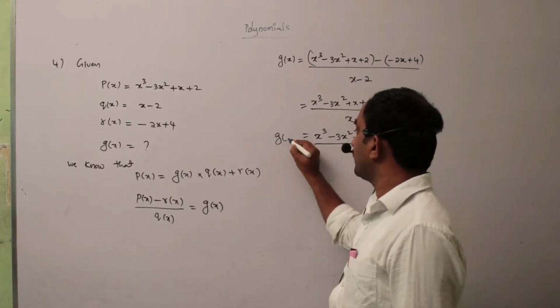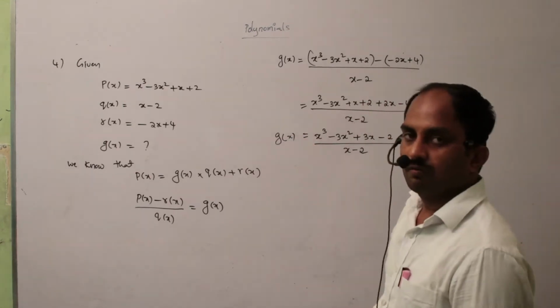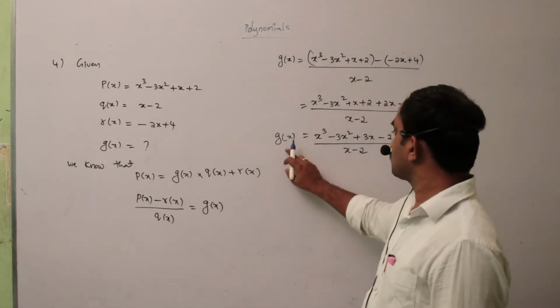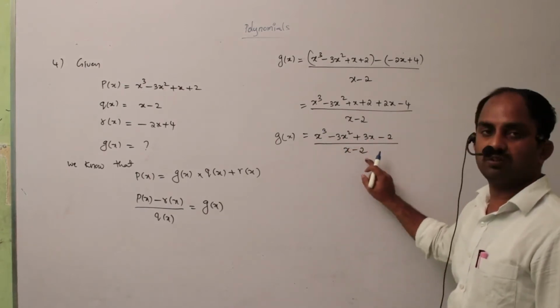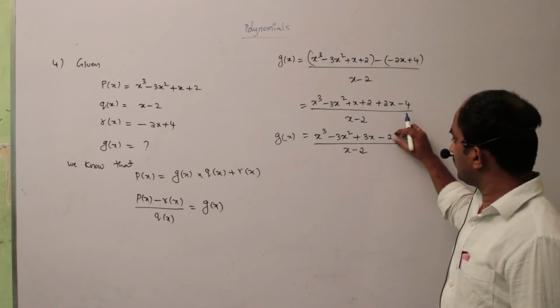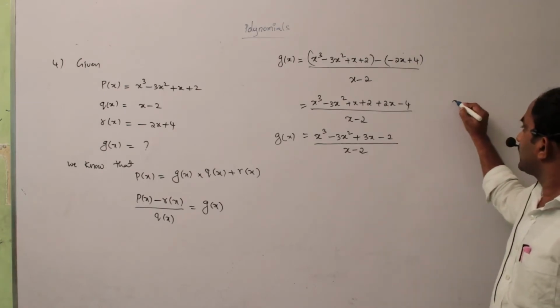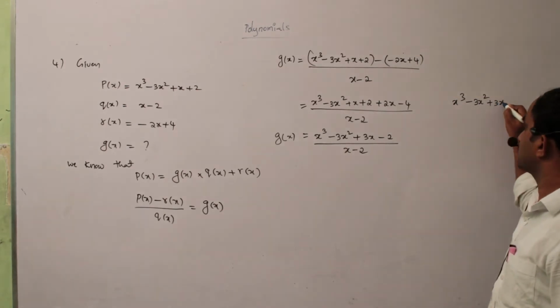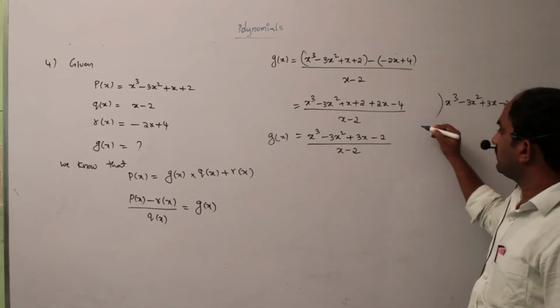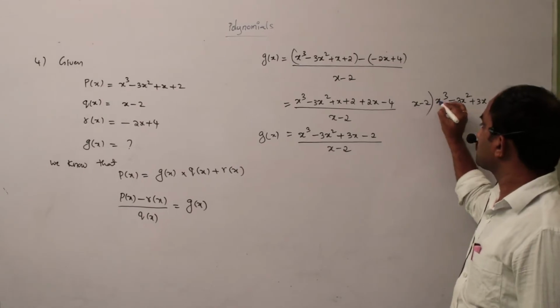This is the g of x. The meaning of this is that g of x is equal to x cube minus 3x square plus 3x minus 2 divided by x minus 2, so you have to do division.